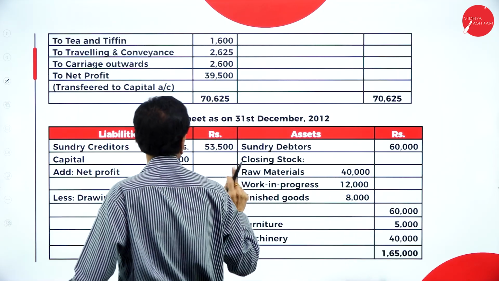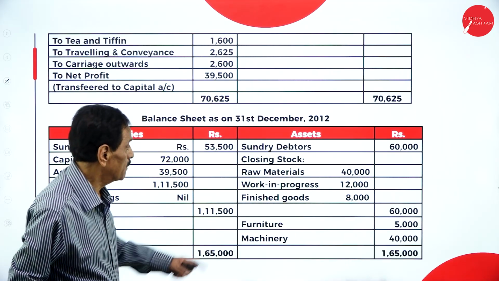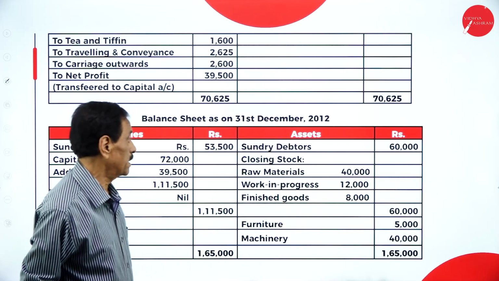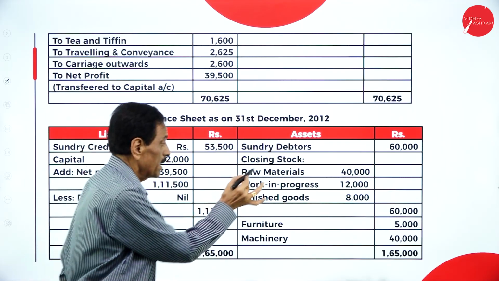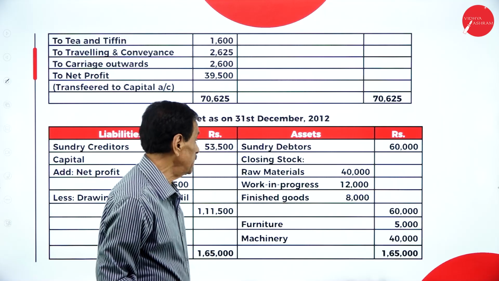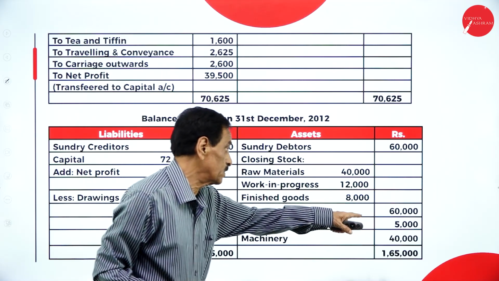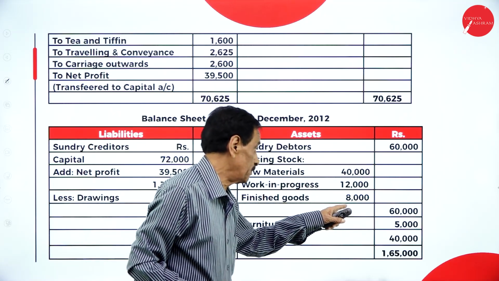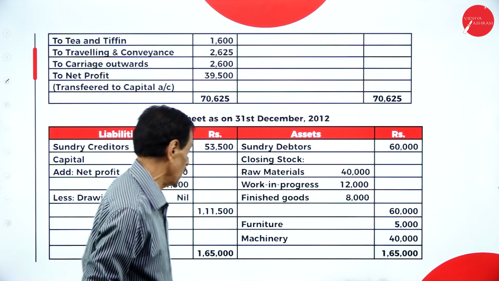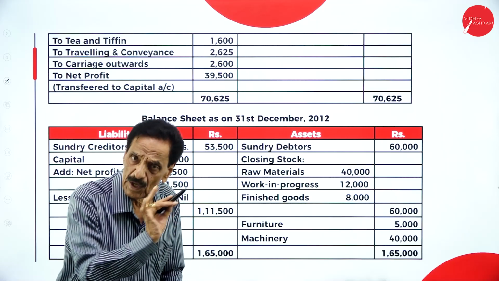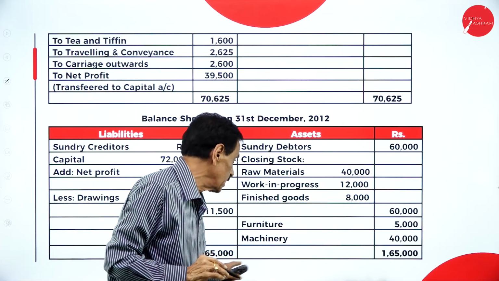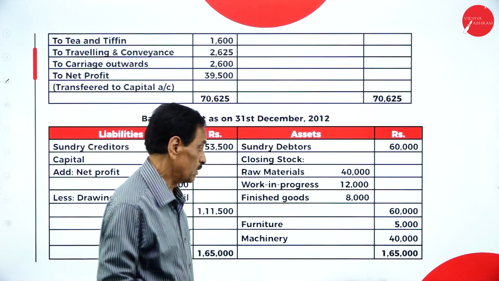So this will be transferred to balance sheet. Debtor 60,000. Closing stock: raw material 40,000, work in progress 12,000, finished goods 8,000. Totally 12 plus 8, 20 plus 40, 60,000. Furniture, no depreciation, 5,000. Machinery 40,000.